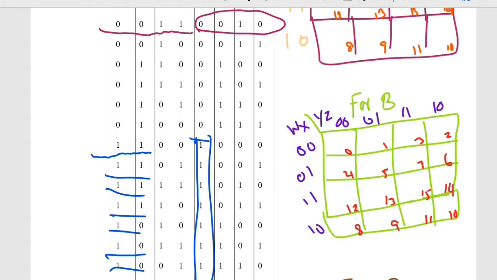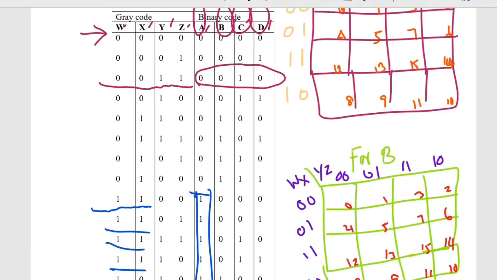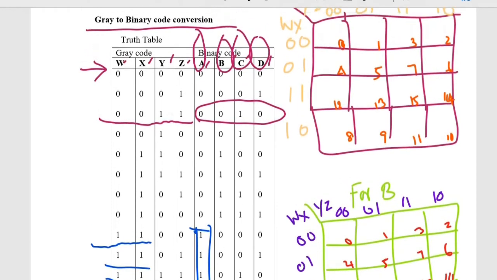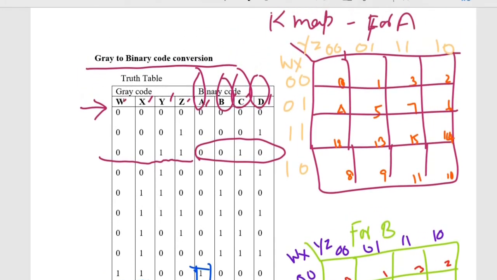Now you have to mark all the points in the K-map for A. So this is the K-map for A.